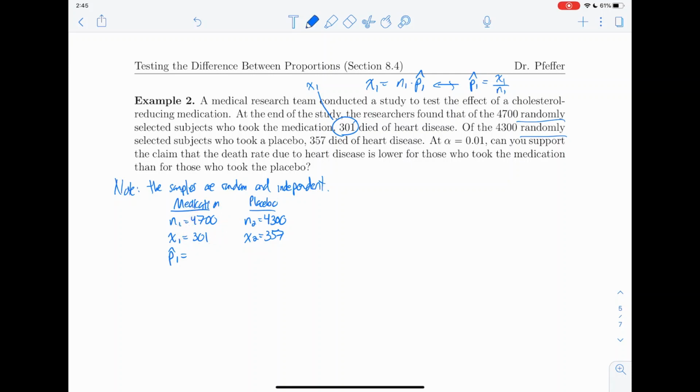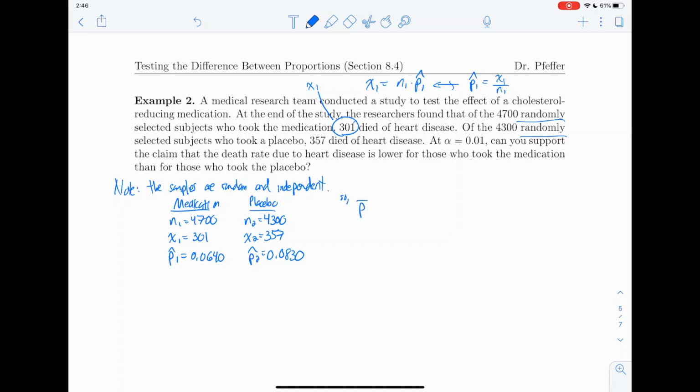We're going to get 0.0640, and P2 hat is going to give us 0.0830. So again, we're not going to use that information right away, but we are going to need it eventually. What we do need right away are the N1, X1, N2, X2, because this is going to allow us to compute our weighted estimates.